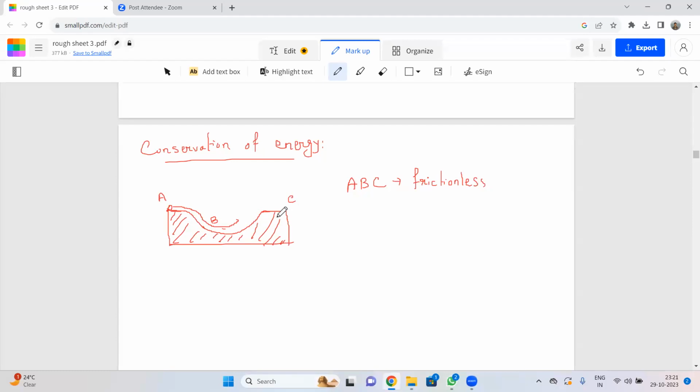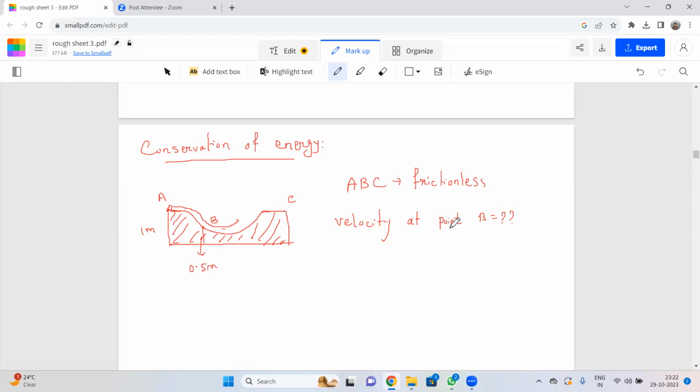Suppose at point A the height is 1 meter, and for point B suppose the height is 0.5 meter from the ground. Now, check what is the velocity of the particle at point B. That we need to calculate.